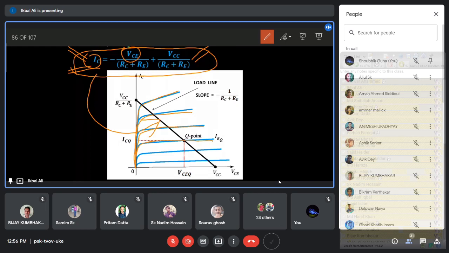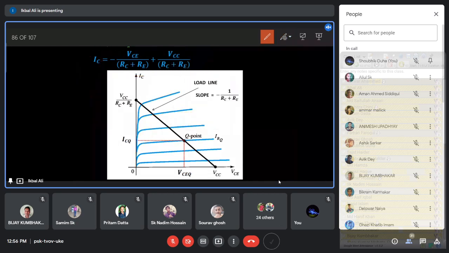You know that for any two curves of two variables, the intersection point is the solution point, and the coordinates of that intersection point give you the collector current, the Y unknown quantity, and the collector emitter voltage, the X unknown quantity. That is the solution process.